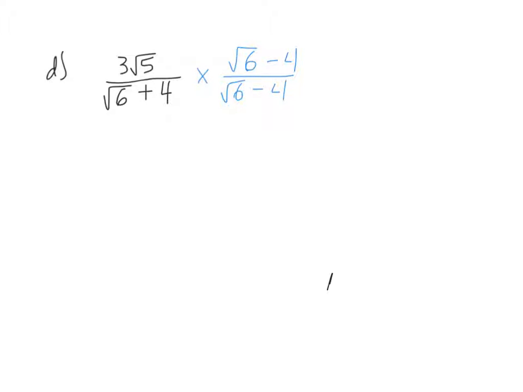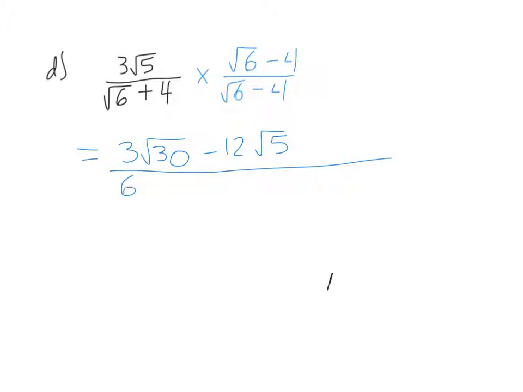Multiply that out and we get, we're going to do 3 root 5 times root 6. So that's 3 root 30. And then 3 root 5 times negative 4. So negative 12 root 5. Remember, you're multiplying coefficients by coefficients, radicands by radicands. That's the numerator. The denominator, root 6 times root 6, which is 6, minus 4 root 6, plus 4 root 6, minus 16.